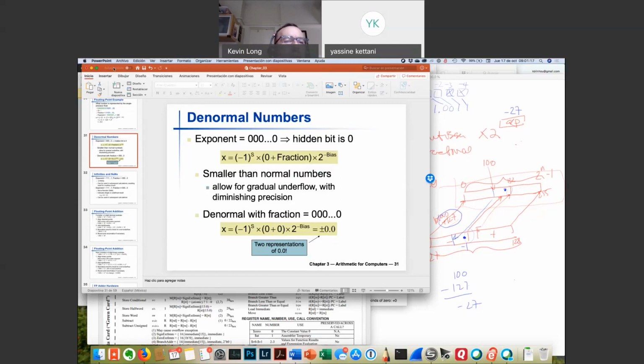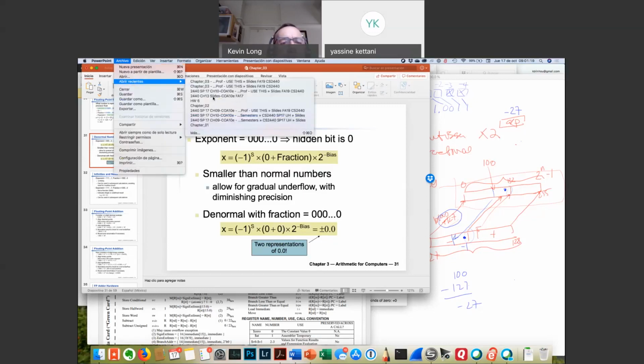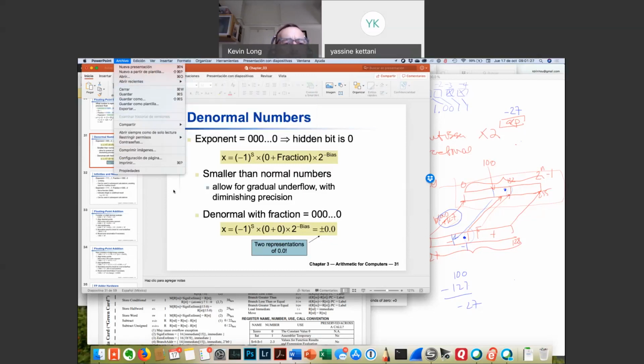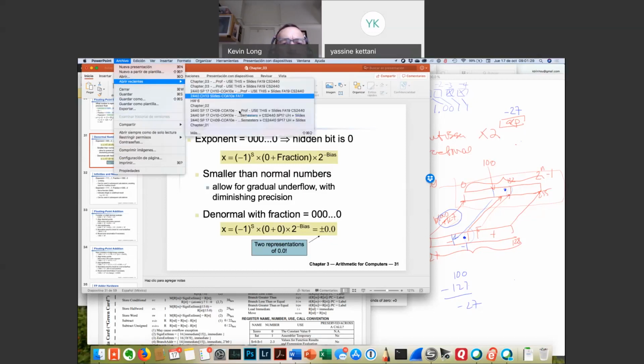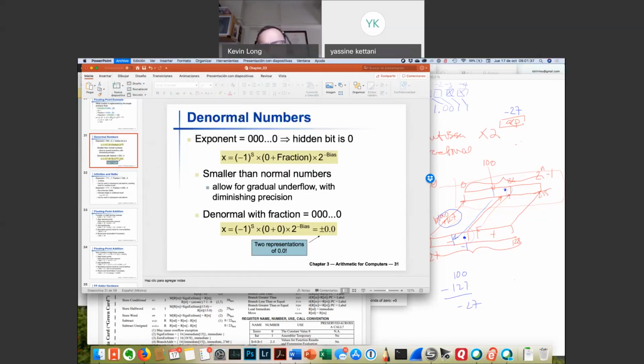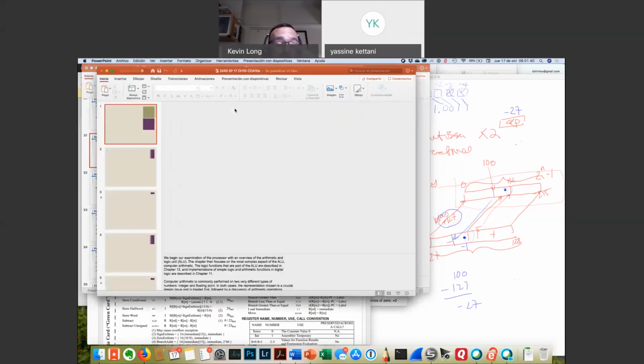So to help us understand this, I think I have a handy dandy table. I think that was it there. And chapter 10, maybe. Let's see if I can get lucky and find it in here.